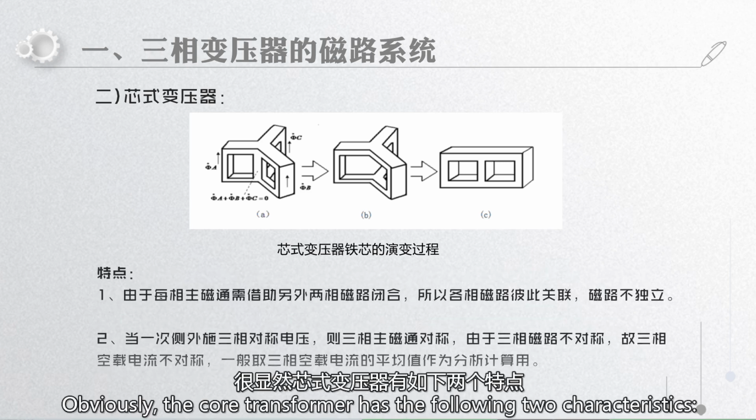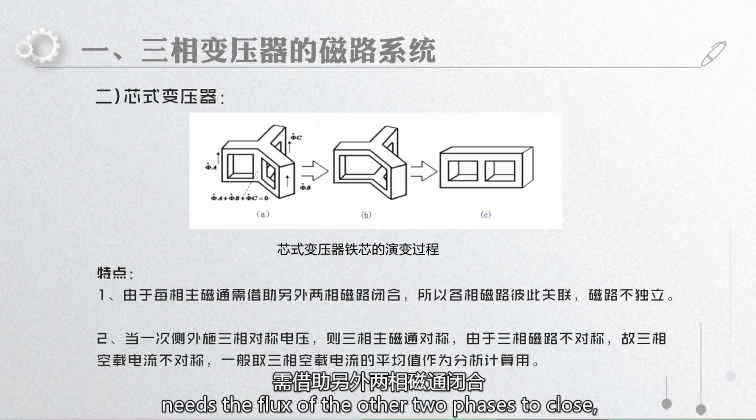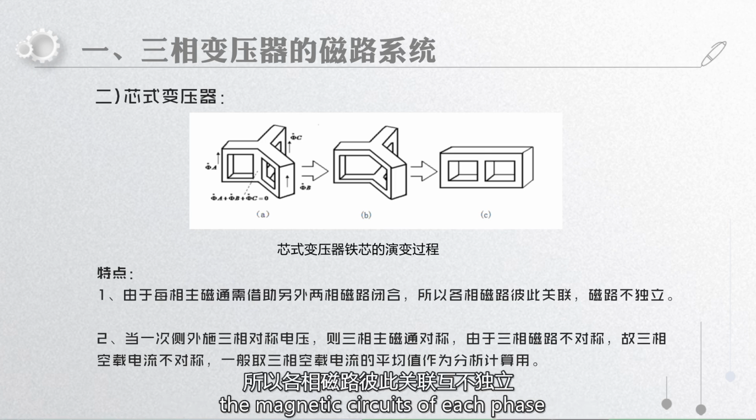Obviously, the core transformer has the following two characteristics. 1. Since the main flux of each phase needs the flux of the other two phases to close, the magnetic circuits of each phase are interrelated and not independent.